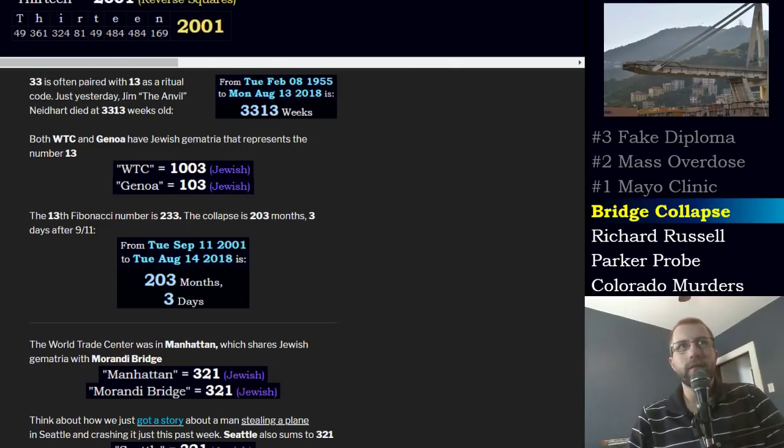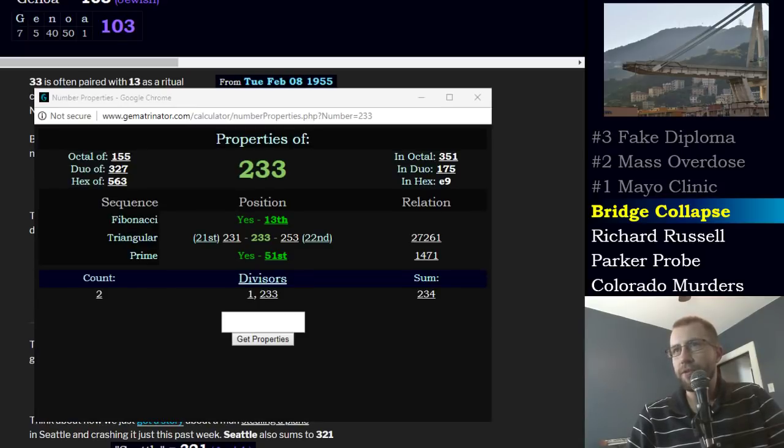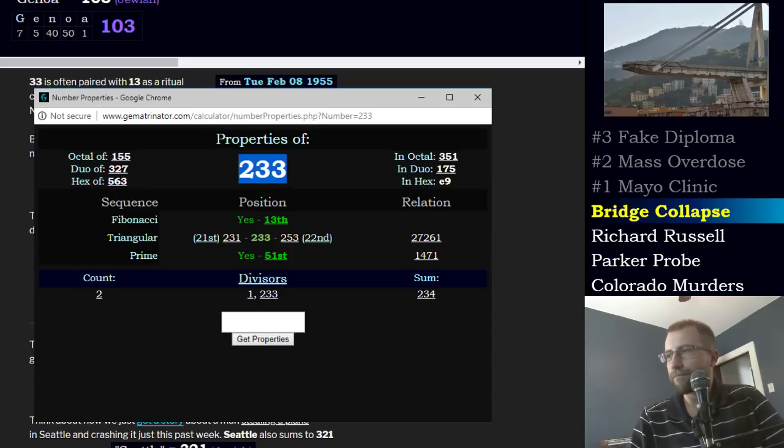But anyway, what I want to point out about this is that Genoa sums to 103 in Jewish gematria. So WTC and Genoa sharing this 13 value. The 13th Fibonacci number is 233, and this collapse happened 203 months and 3 days after 9/11.